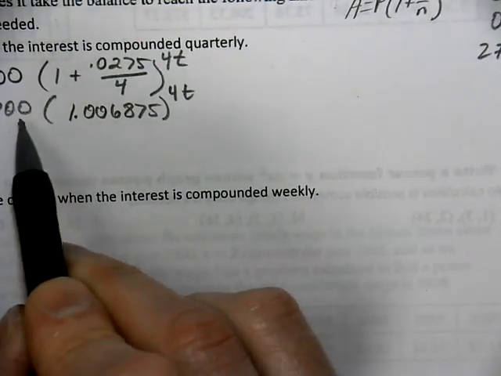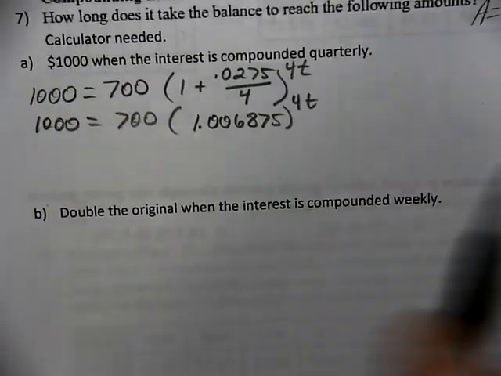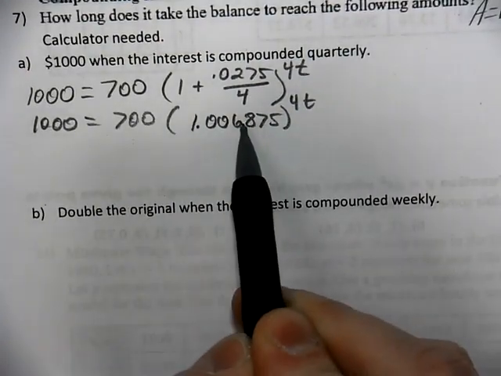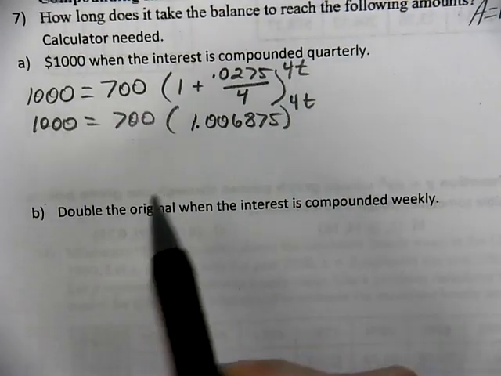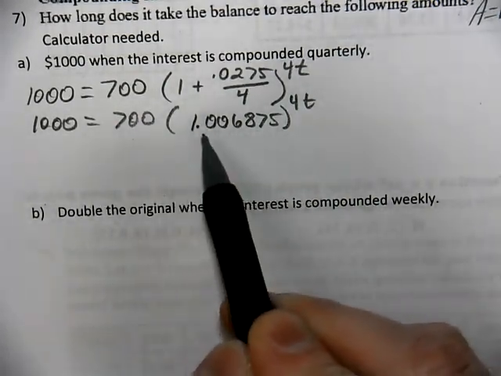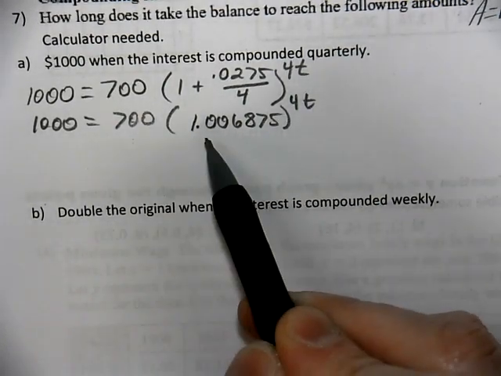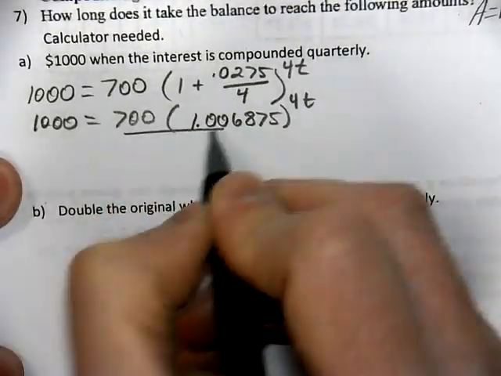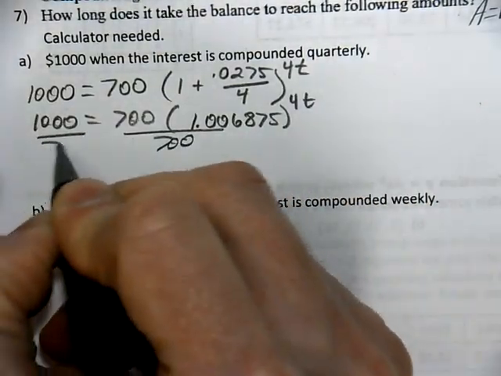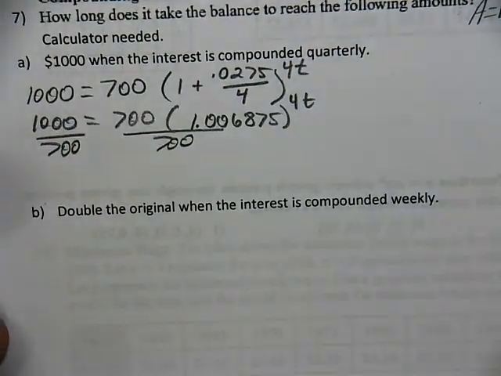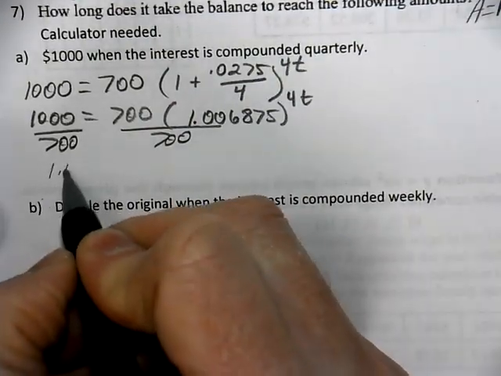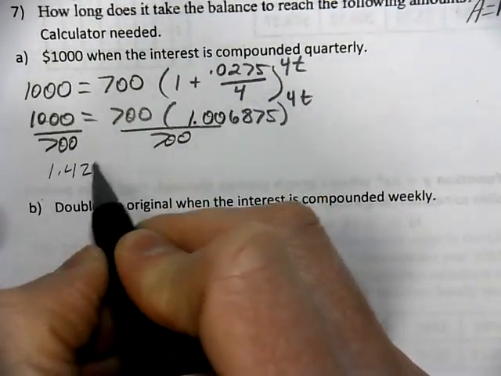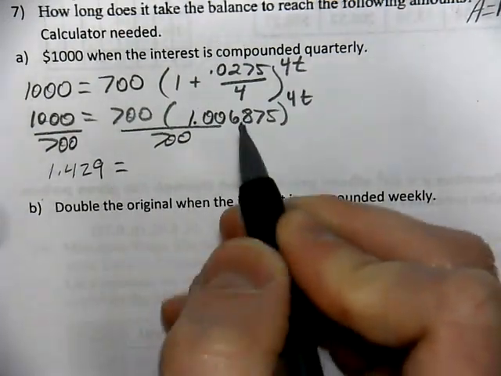Now, some people are going to make a mistake and multiply that value of 1.006 by the 700. But it's to the 4th power, so we can't do that. We have to divide by 700 on both sides. We take 1,000 and divide that by 700, and we get 1.429.